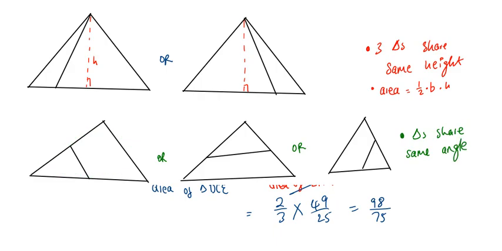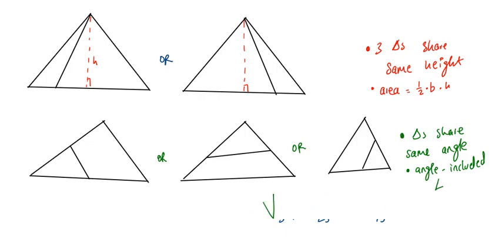The bigger one shares the same angle as this one, as that one, and as the smaller one there. So that angle is called an included angle. It must be the one that is between the two sides. So if we have something like that, we use the area rule to find the area. That's it.